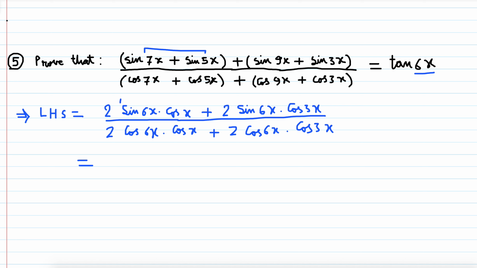Now sine 6x is common in both the terms in the numerator, so we will take 2 times sine 6x common, and we are left with cos x plus cos 3x.